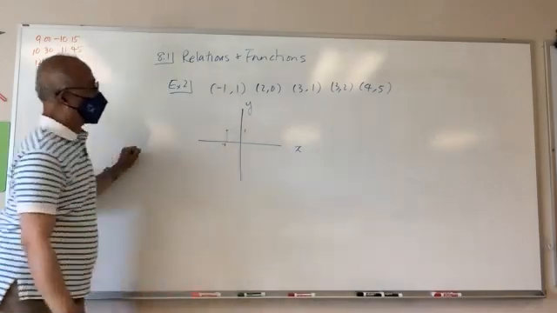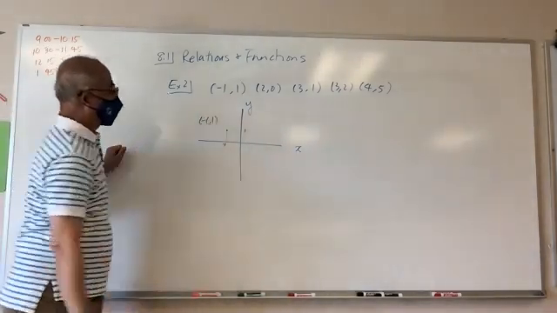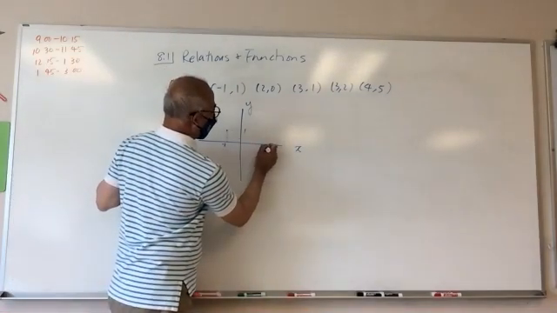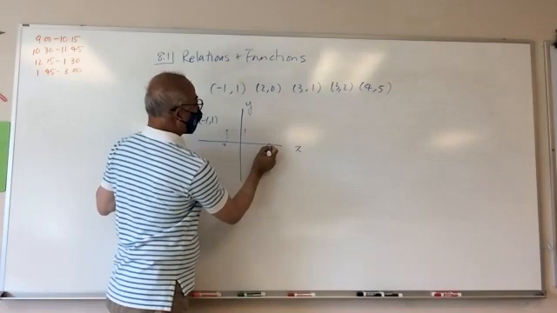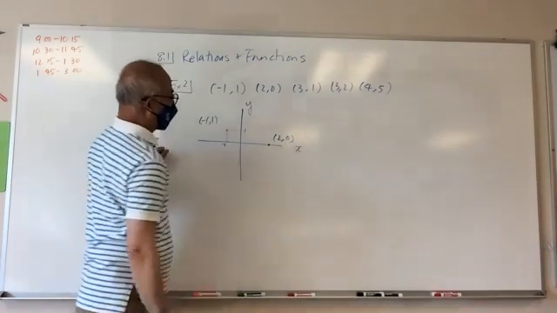Okay, so this would be -1 and 1. 2 and 0, so it'd be 2 and then 0. X, y is 0, so this is 2 and 0.